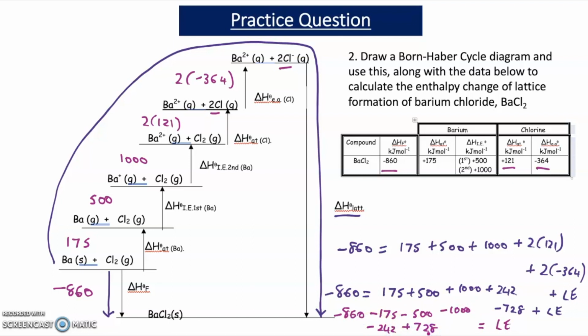And if I put these values into the calculator, I get my value for the enthalpy change of lattice formation, which is equal to minus 2049 kilojoules per mole.